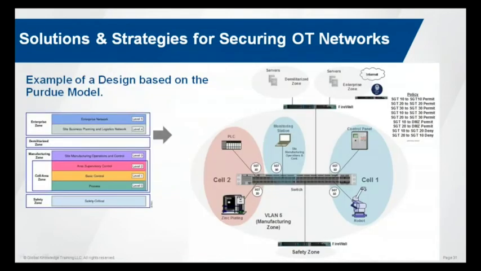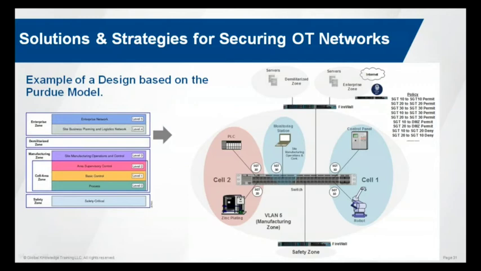So I think it's important to illustrate how we can use the Purdue model to show you an implementation in a real production network. So for example, the Purdue model provides guidelines, a blueprint of how we can segment our network within that area.